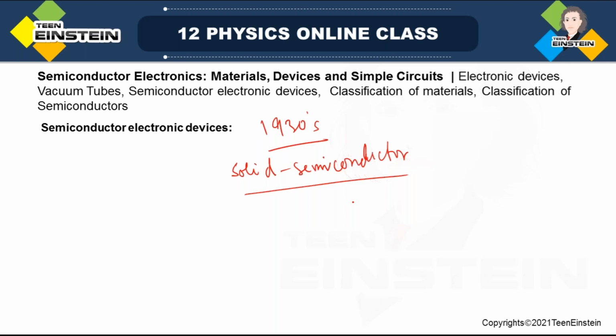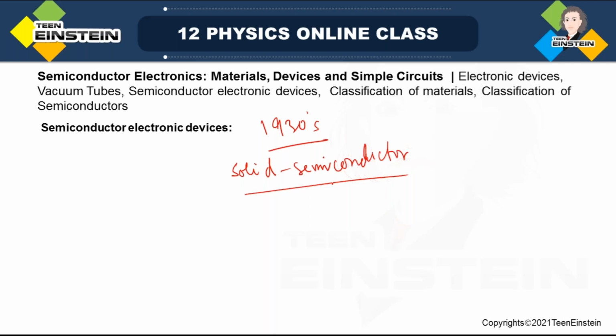To produce electrons in this case, you don't have to heat a cathode. Electrons are already inside the solid semiconductors, but they are made to flow by applying suitable voltage or potential differences across the junction.